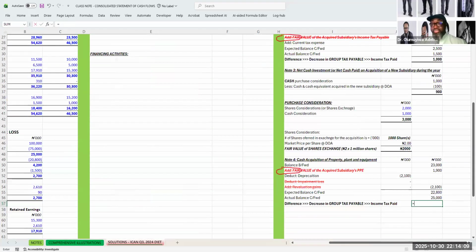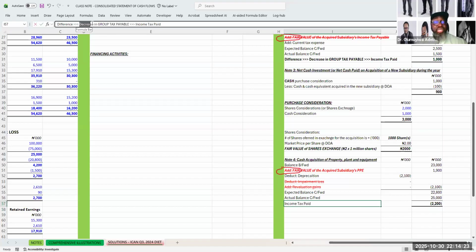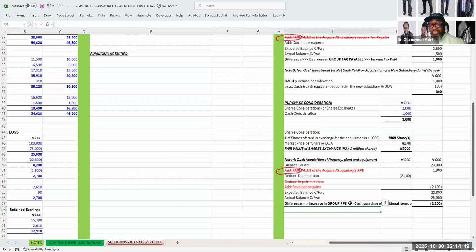And what is the difference? 22,800 minus 25 gave me a difference of 2.2 million. Therefore, this difference, which means an increase, shows that there's an addition in my group PPE. And that is tantamount to cash purchase of additional items of PPE in that year.